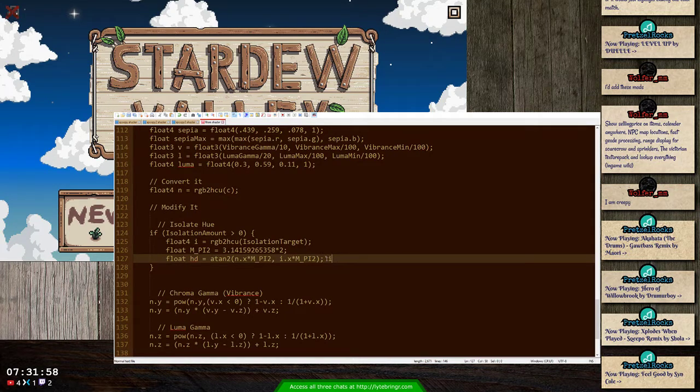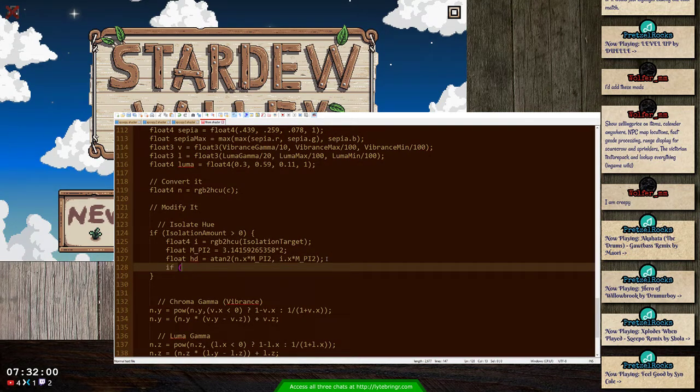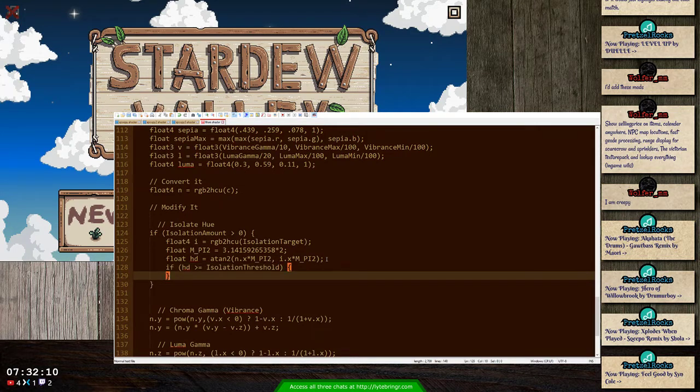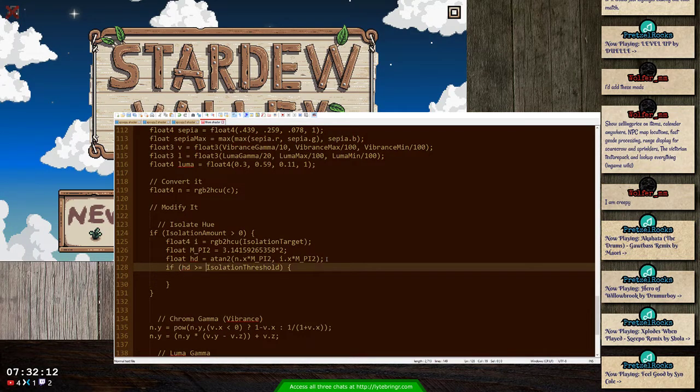Okay. And then we go with if HD is greater than or equal to isolation threshold. Do some stuff. I know you're not supposed to branch in shaders, but we'll do better jobs with shader-specific things like 1 minus, because if it's 0, we want nothing to happen. HD divided by 2 pi.